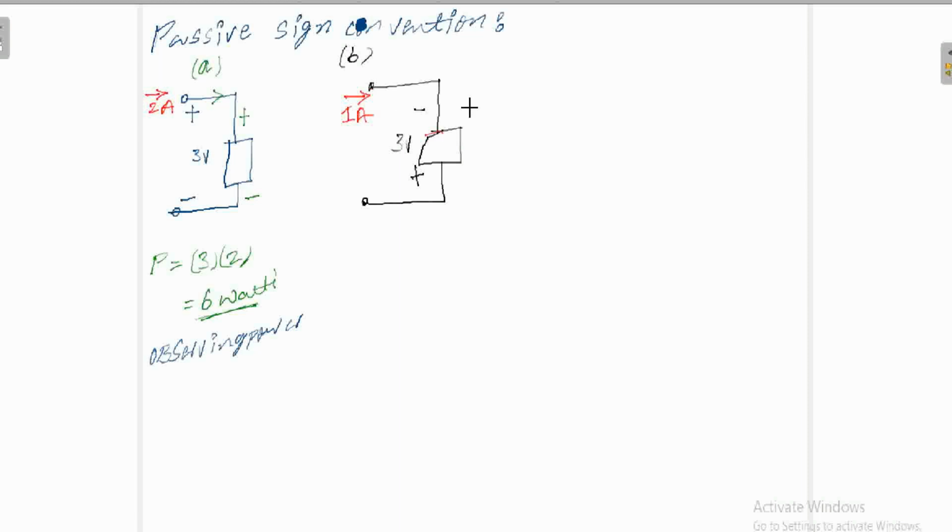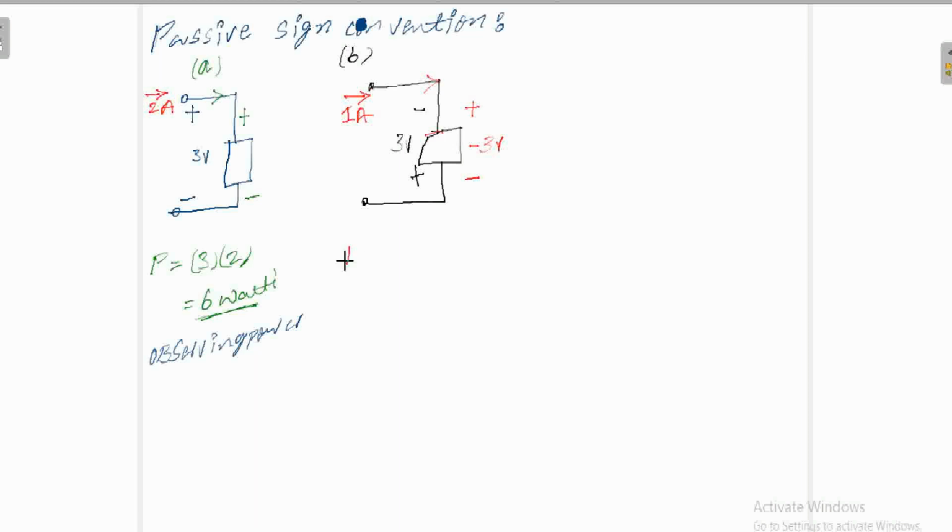So let us change, you can change the direction of current or you can change the polarity of voltage. So here I am changing the polarity of voltage. If I change the polarity of voltage, it becomes minus 3 volts. Then current is entering into the positive polarity of your voltage source.